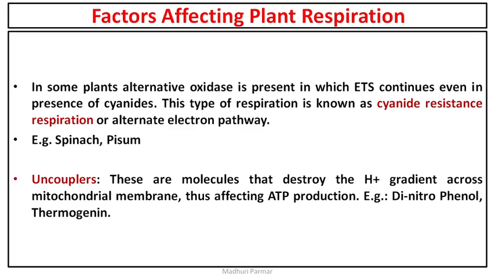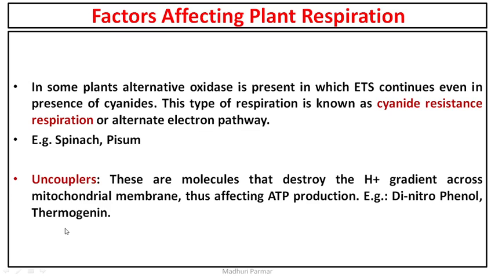So protons will be brought back from the intermembrane space into the matrix, and your proton gradient is breaking down without producing ATP. So here you will not generate ATP. These uncouplers destroy the proton gradient, and thus ATP production is hindered. There are some pesticides and molecules such as dinitrophenol which do this uncoupling function.